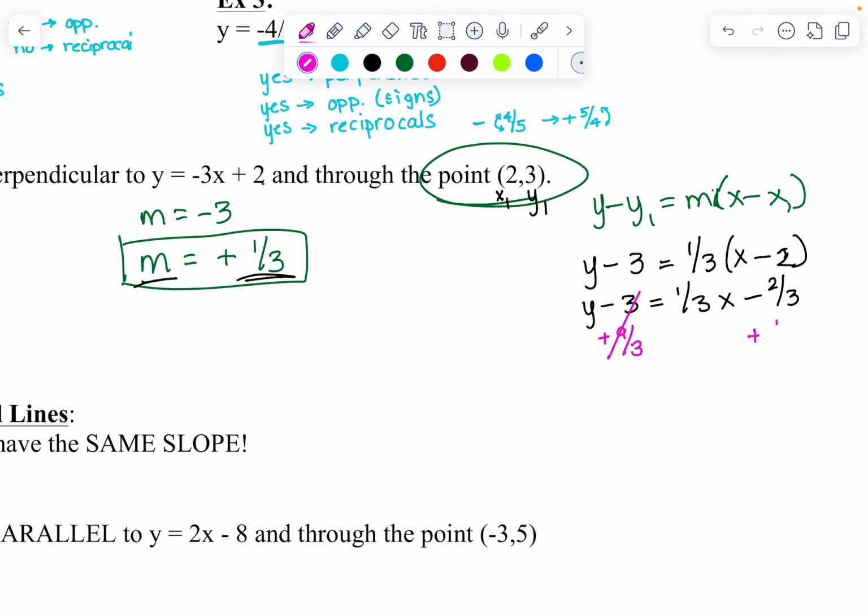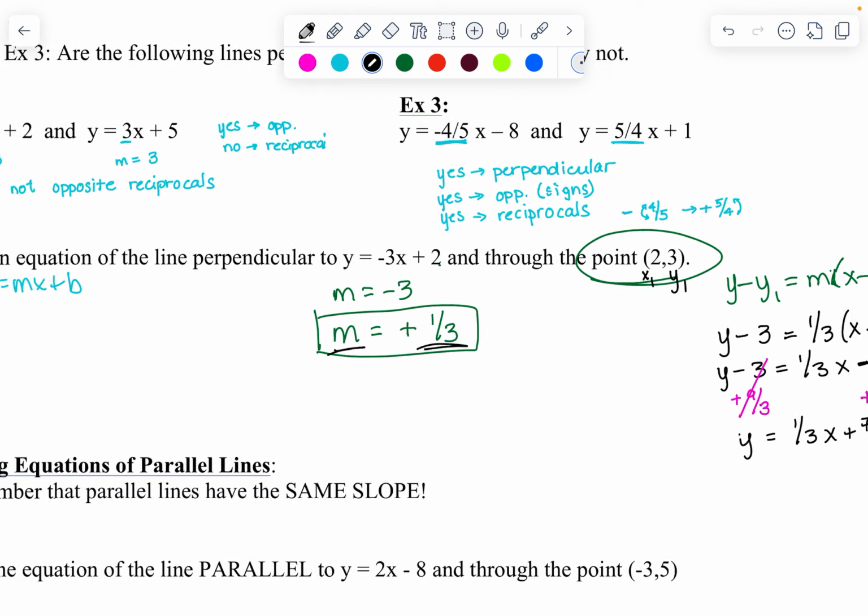When I add 9/3 over here, I want it to have the same common denominator. I chose 3 as my denominator. So when I add 9/3 over there, I'm left with y equals 1/3 x plus 7/3. Careful of your signs. Negative 2 plus 9 is a positive 7/3.